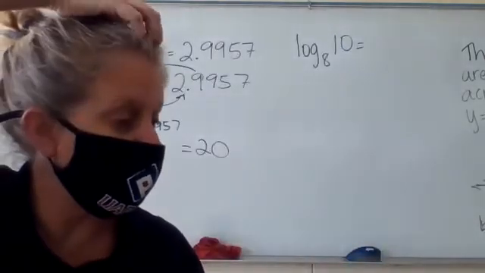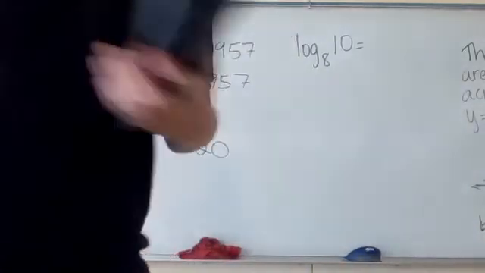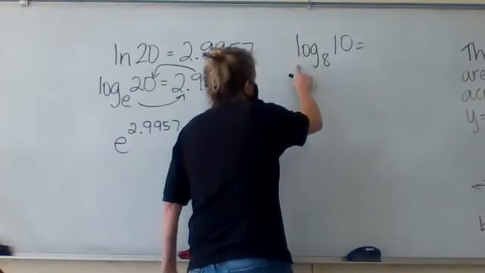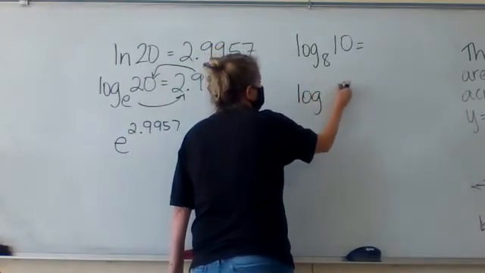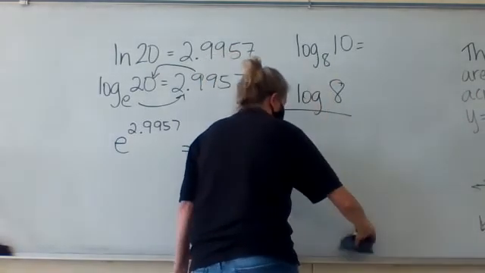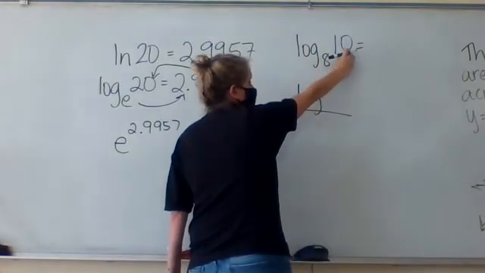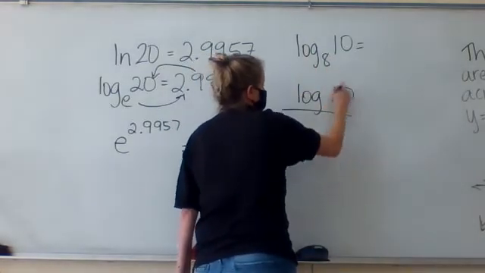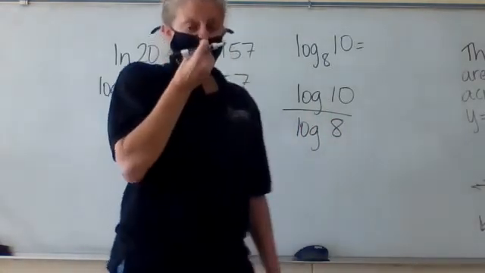The problem says find the logarithm using the change of base formula. All the change of base formula means is log of this number divided by log of the base.